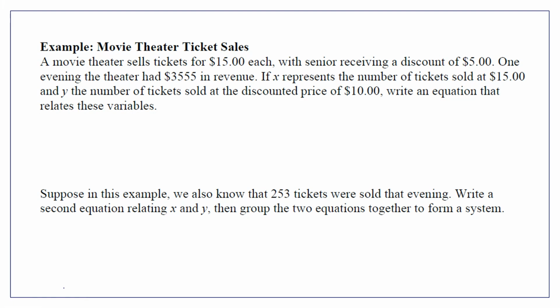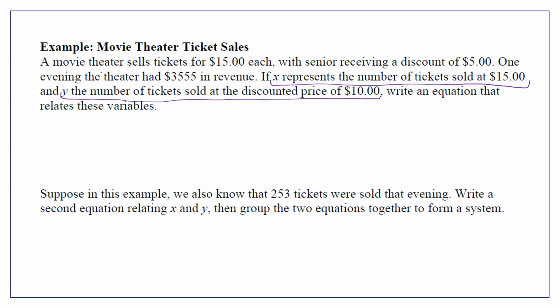Okay. So right off the bat, we know that we're going to have a variable X that represents the number of tickets sold at $15 and another variable Y, which is the number of tickets sold at the discount price of $10. So we have two variables.